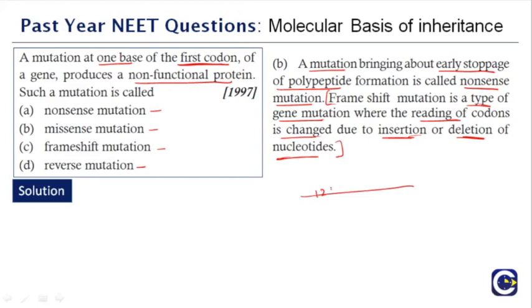So what happens in frameshift mutation? For example, these are the nucleotides, and suddenly there will be addition. Let's say these are the nucleotides coding for 3 codons and suddenly there will be addition of 1 nucleotide. Now this will completely change the reading frame.